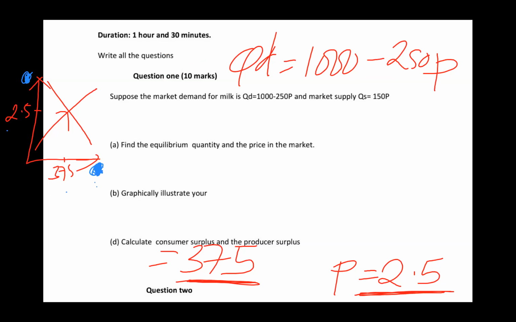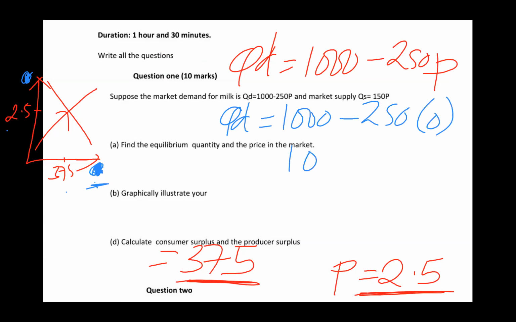If you want the quantity which is an intercept, you set price equal to 0. Is that clear? Set price equal to 0. Therefore, the quantity demanded is 1,000 minus 200 times 0, and that will give you 1,000.